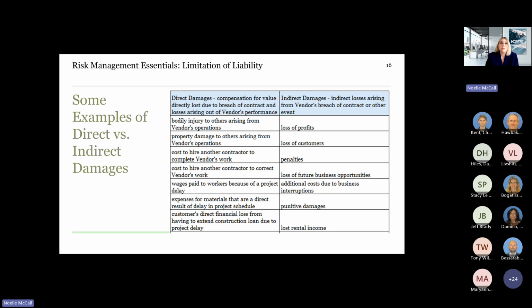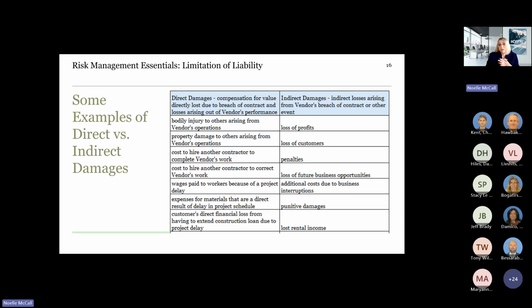That can include things like bodily injury and property damage to others that come about or are caused because of the vendor's operations. It can include the cost to hire another contractor to either finish or correct the vendor's work. Also, wages paid to workers because of a project delay. That's another example of a direct damage.